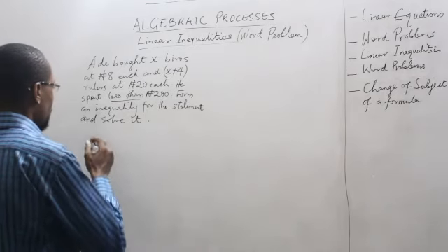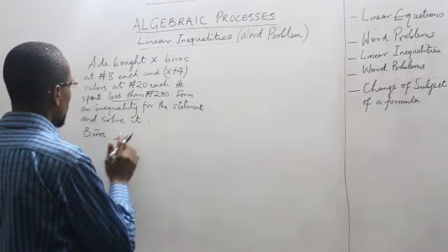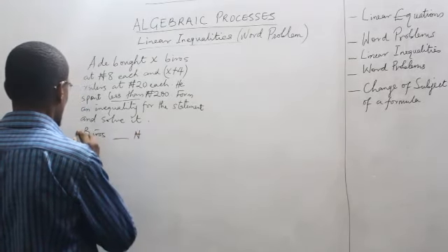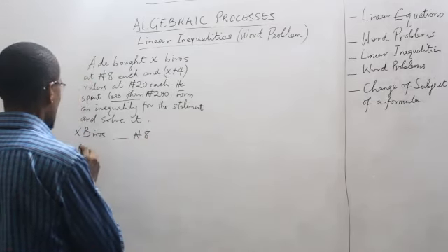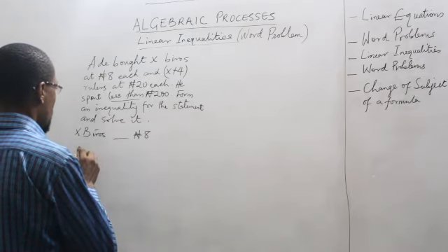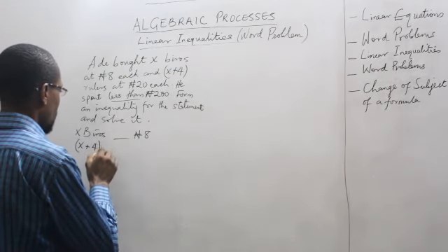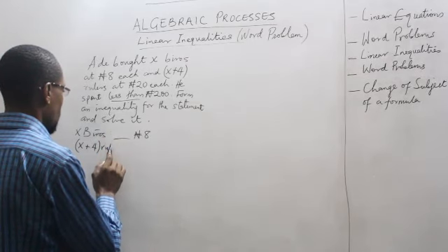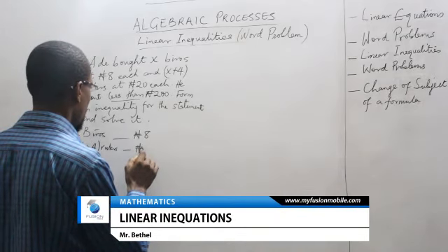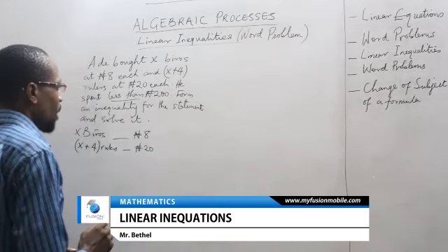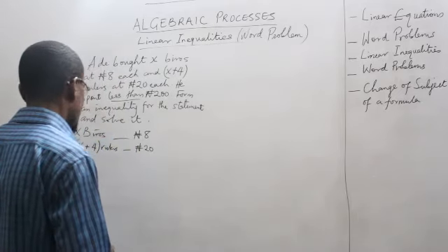So for x biros, Ade spent 8 naira each, and for x plus 4 rulers, he spent 20 naira each. Now everything is less than 200.